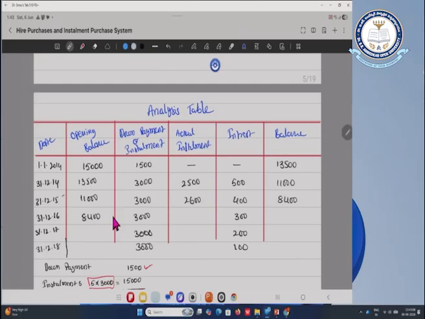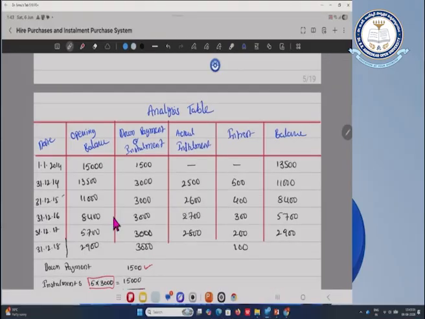So, after calculation of 300, what is the amount? Actual installment: 3,000 minus 300, 2,700. So, 2,700 you can deduct from the 8,400. 5,700 is our balance. Next, 5,700 minus 2,800.